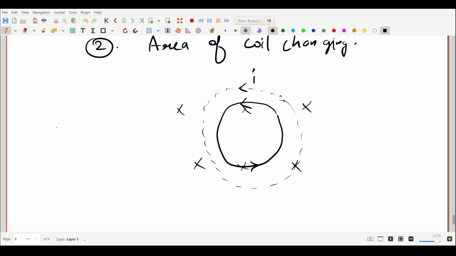If you use your right hand palm rule, my source magnetic field was inside, but the new induced magnetic field is outside. In such a direction my current is induced that the induced magnetic field is opposite in direction to the source magnetic field. Just an observation. We'll talk about this enough after a while.